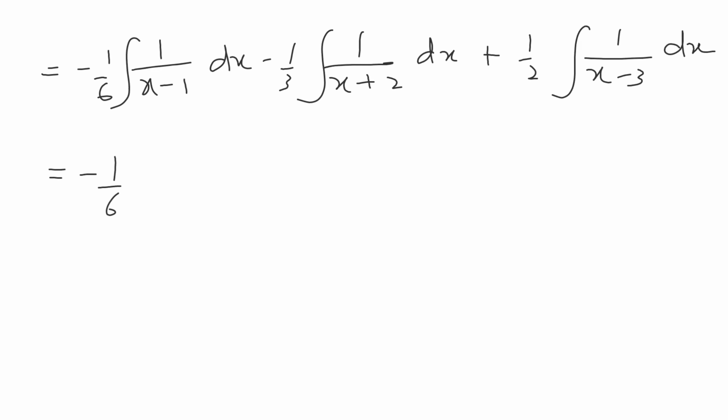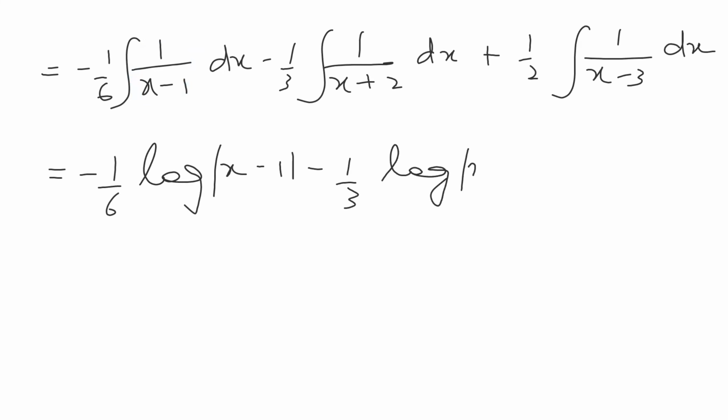Each and every integral you can solve using two categories: f dash x upon f of x, or the log mod f of x formula. So this is log mod x minus 1 upon d by dx of x minus 1, that is 1, chain rule.